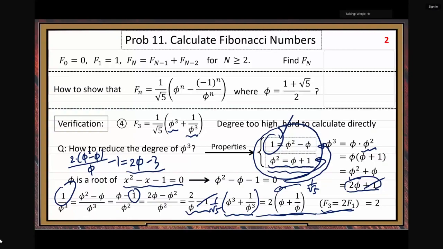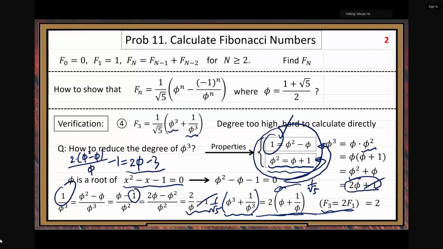Because we may have some quiz, homework, or test questions related to the golden ratio. So I show you these examples. You may see some related questions in your quiz or homework assignment.